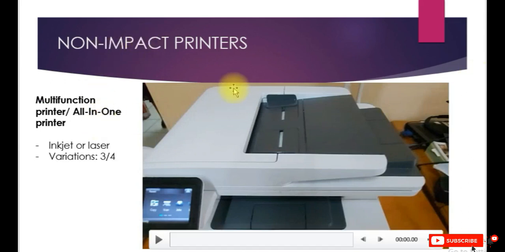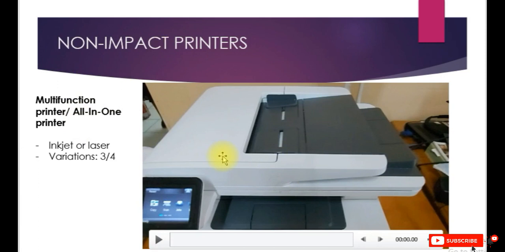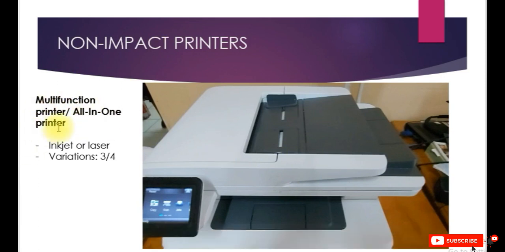Now, this is a variation of a number of components. This is a non-impact printer, yes. Still a non-impact printer, but what we have here is a combination of a number of things. So you have input devices being combined with an output device here.